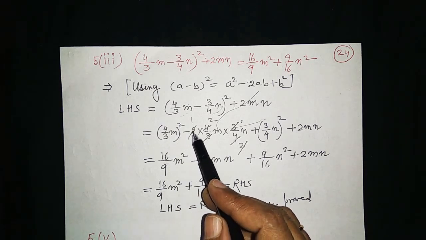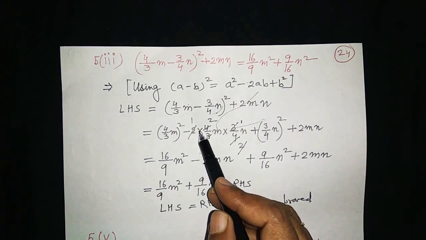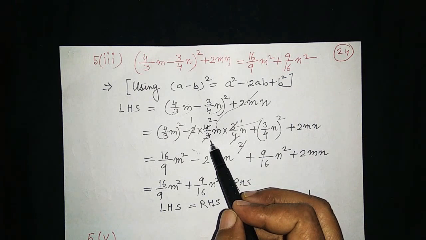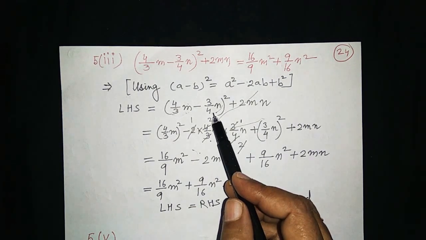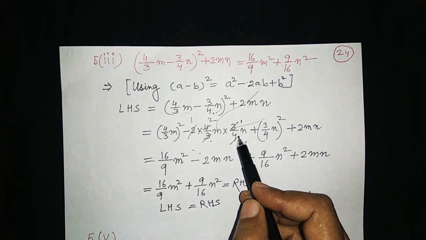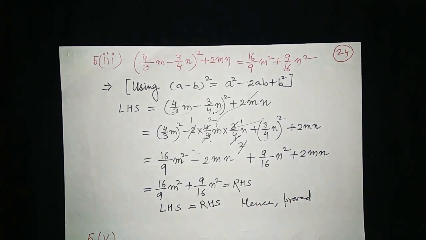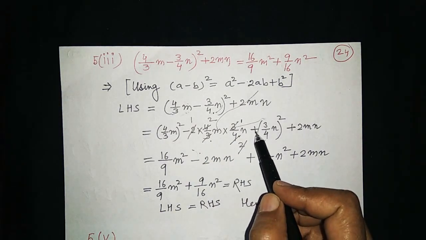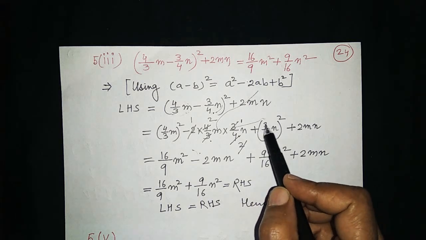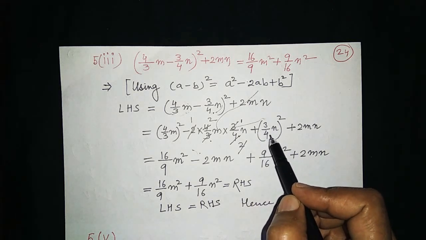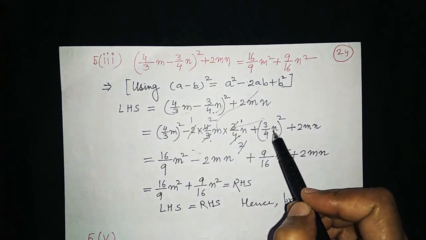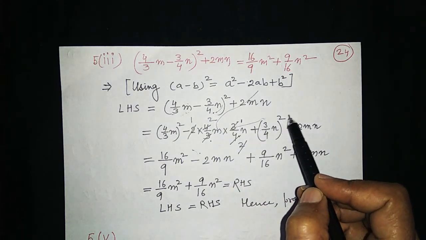After that, minus 2 into a, which is 4 by 3m, into b, which is 3 by 4n. And at last plus b square, for which we write 3 by 4n and then square it.